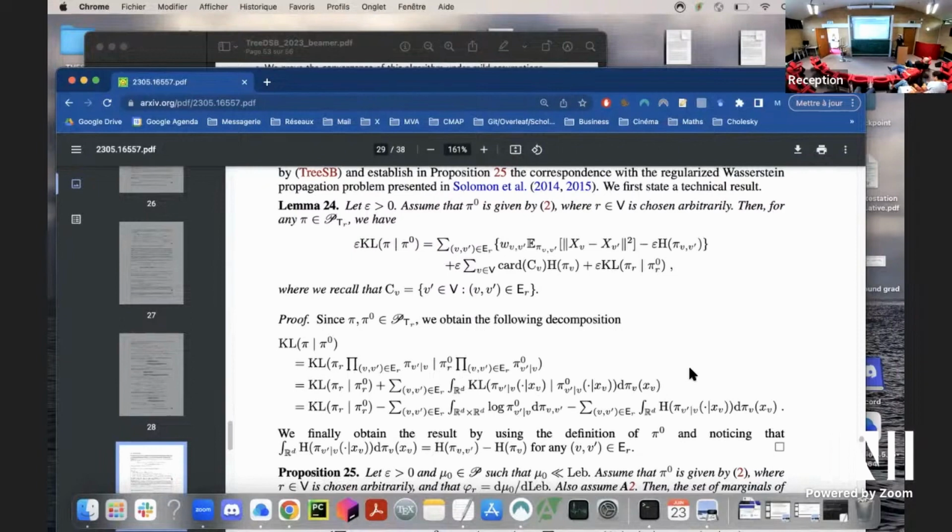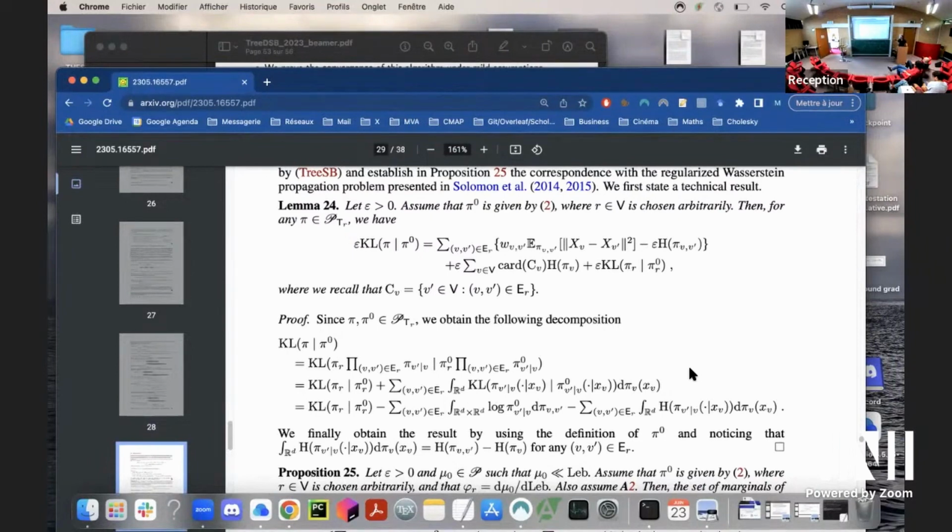Is there a choice that does not incur a further regularization? This is an interesting question. Because choosing something Gaussian, if you consider images, may not be adapted. You don't want to have Gaussian noise in your images. So this was a simple choice, but maybe not the best one.